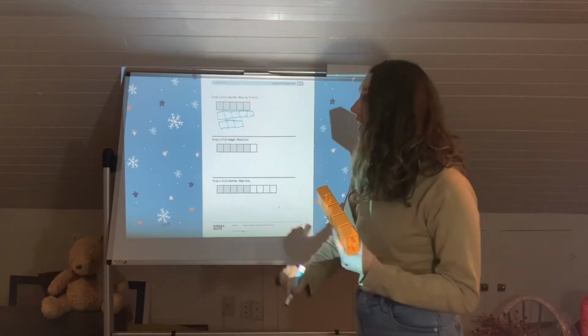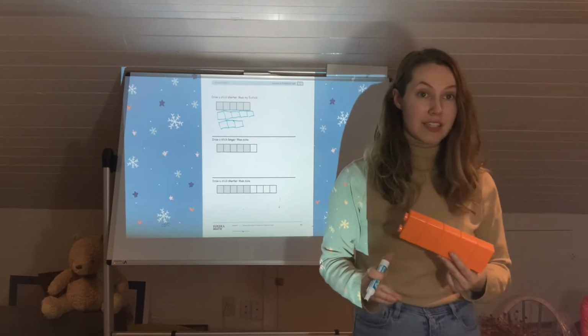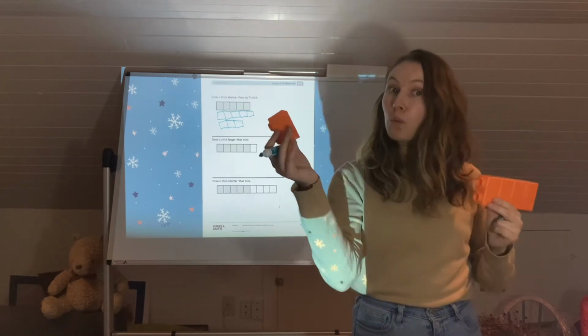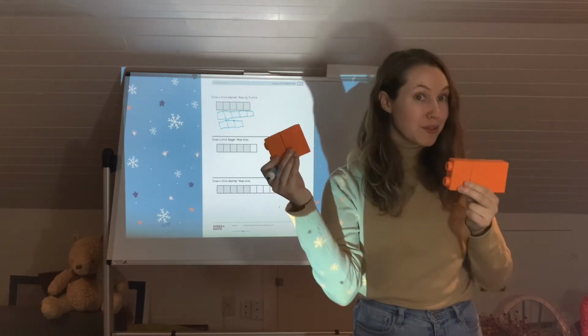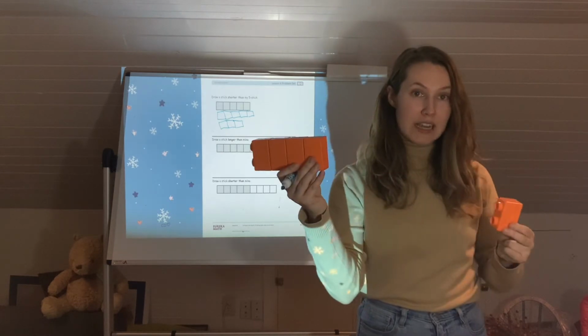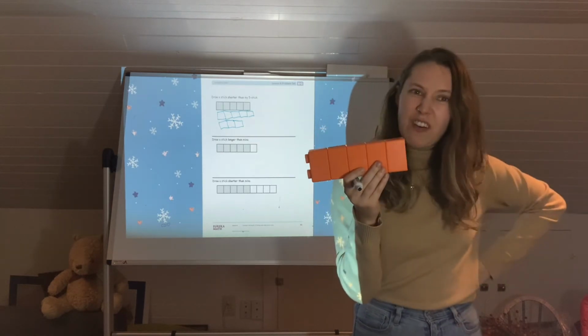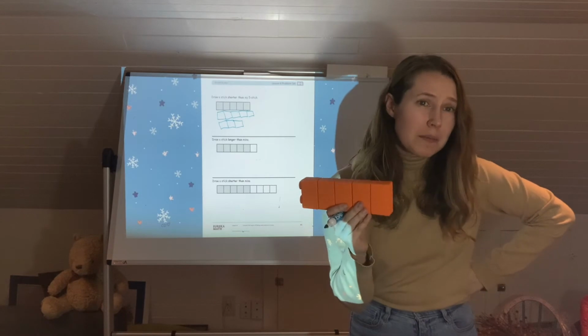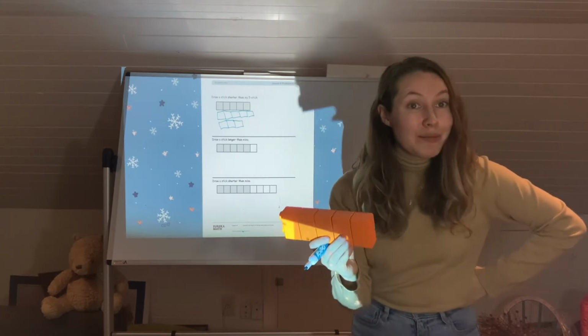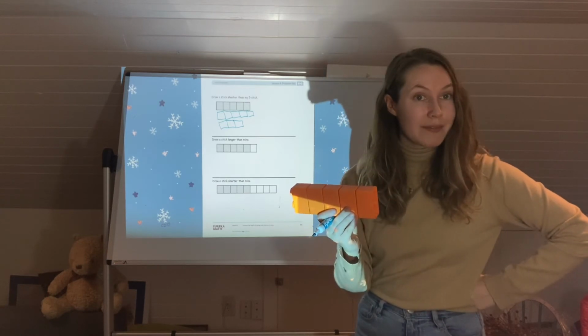A 3 stick is shorter than my 5 stick. What did you draw on your whiteboard? You could have drawn a 1 stick, a 2 stick, a 3 stick, or a 4 stick. If I drew another 5 stick, would that be shorter than my 5 stick? No, that would be the same length. We want to show a shorter length.